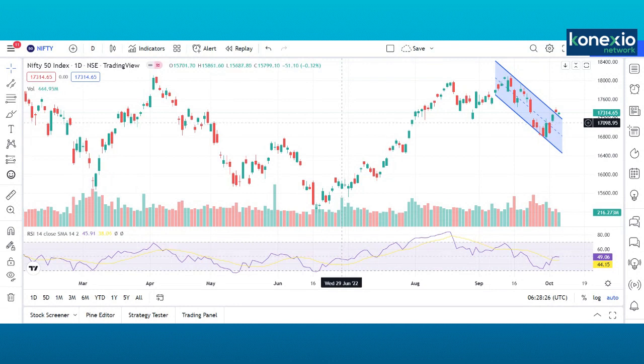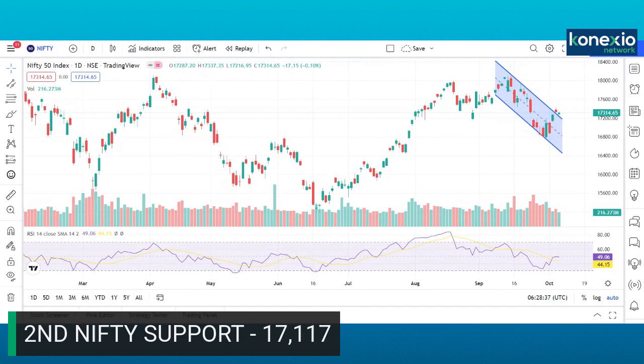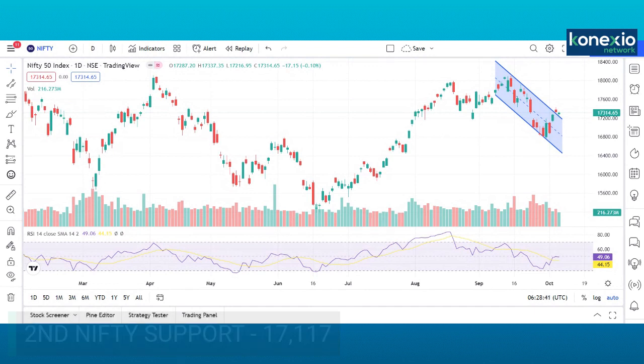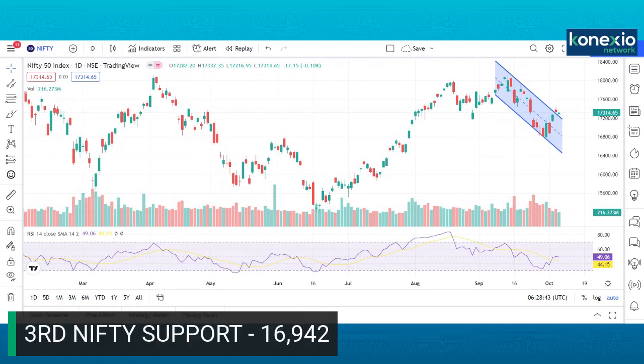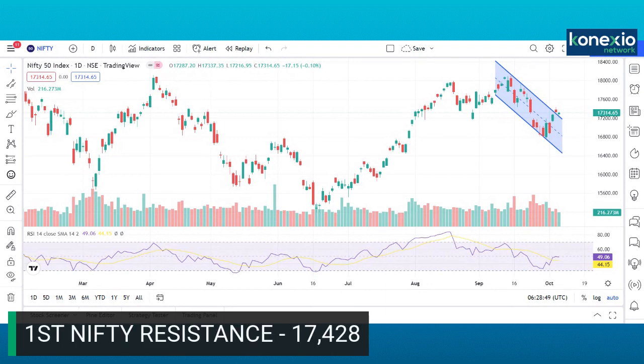Now let us go to the support and resistance levels of the Nifty for the next week. The first support in the Nifty is placed at 17,216. Second support is placed at 17,117. And third support in the Nifty is placed at 16,942. Whereas on the upside, the first resistance is placed at 17,428.